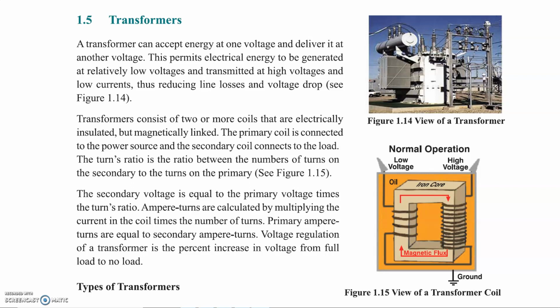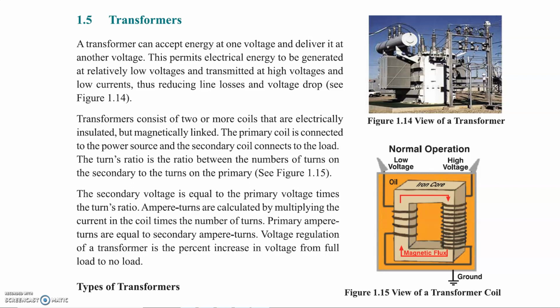Let's say the primary voltage is 10 volts. What will be the secondary side voltage? The secondary side voltage will become 20 volts, because the number of turns in the secondary side is 2 times higher than the primary side. So that's how the primary to secondary side voltage conversion can be done.